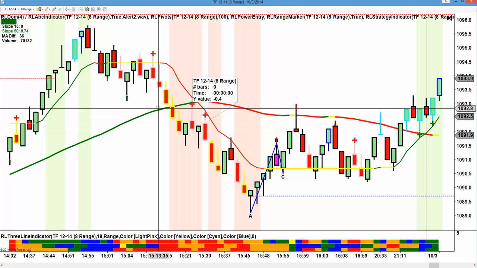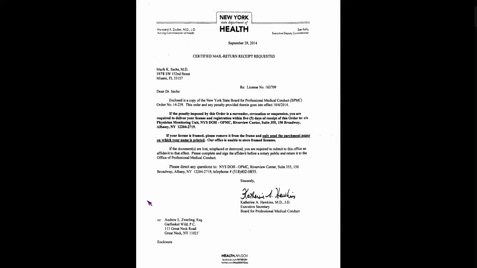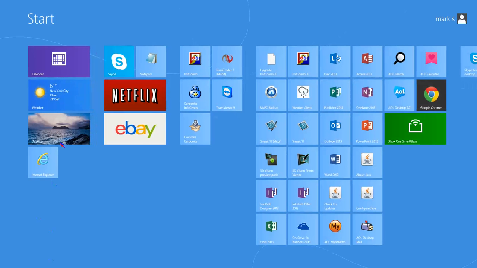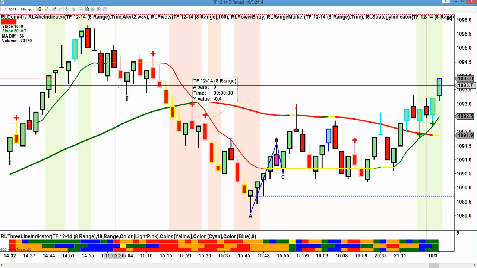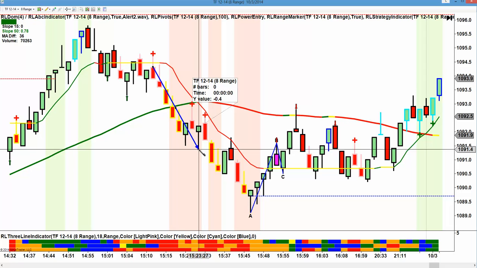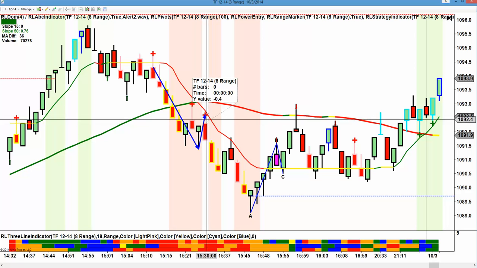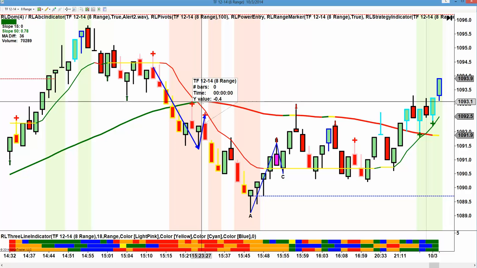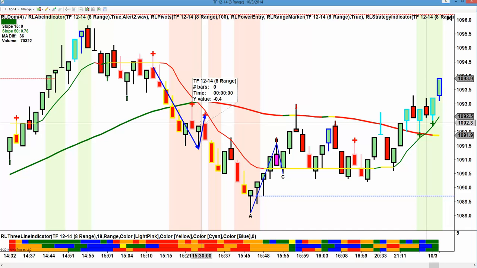Listen, this is the kind of trade that I would skip. Because of the green 50, it's not yellow, but it's a winner. And it's only 4 ticks off the modified 15.